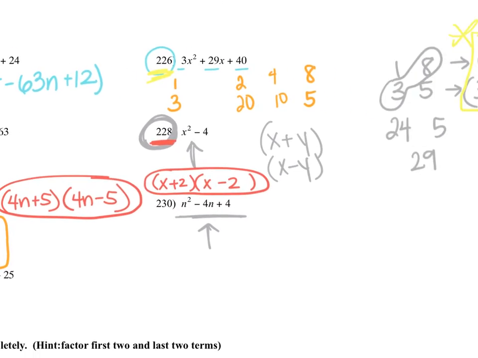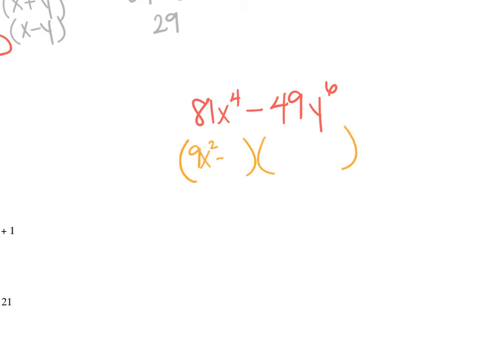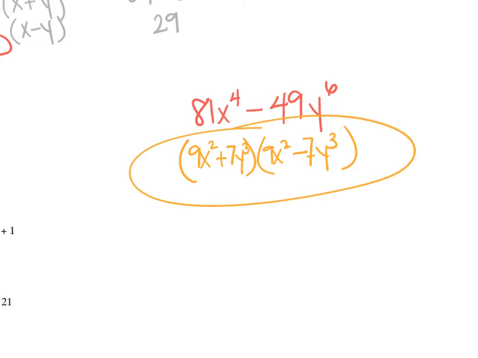So if, for example, let me just go somewhere randomly, if I had like 81x to the fourth minus 49y to the sixth, then my factoring would go something like this: 9x squared plus 7y to the third and 9x squared minus 7y to the third. And this would be my answer for that example.